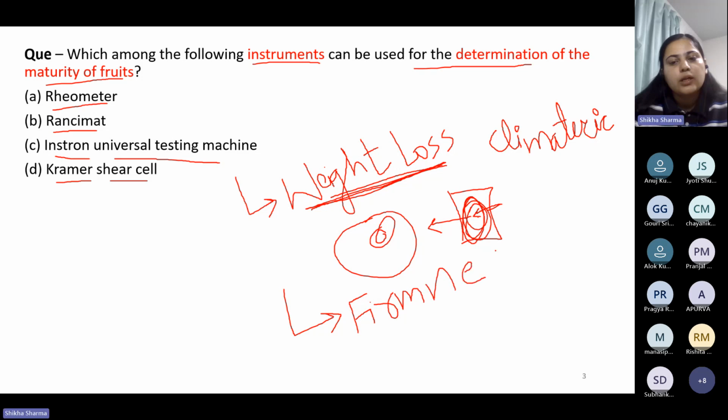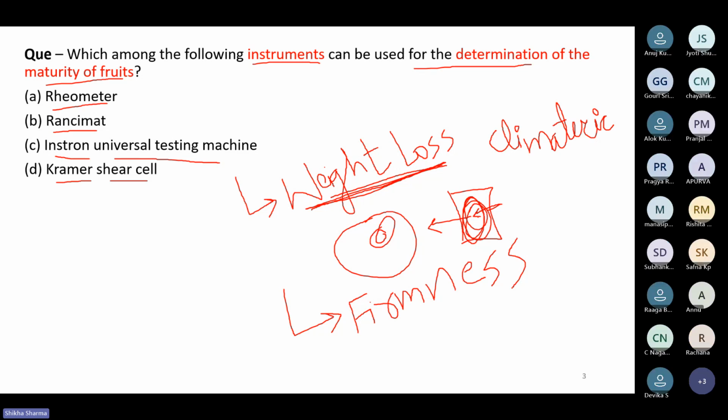When we are eating any fruit, initially it is very hard to chew, and after a particular time of storage, it becomes soft. It is not as hard as it was on the first day, right?